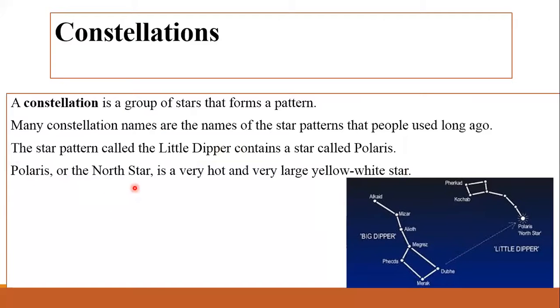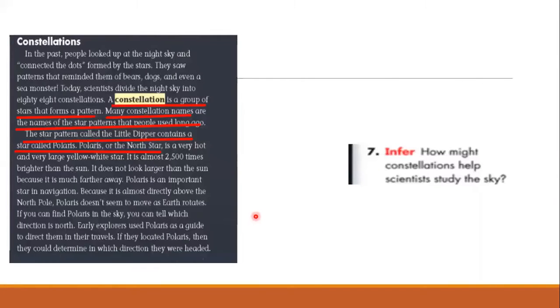Polaris, or the North Star, is a very hot and very large yellow-white star. So, as I told you, a constellation is a group of stars that form a pattern.